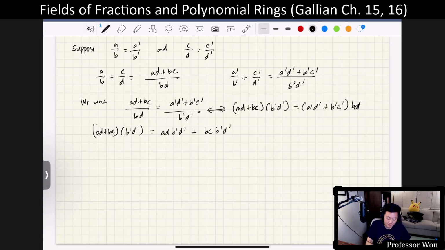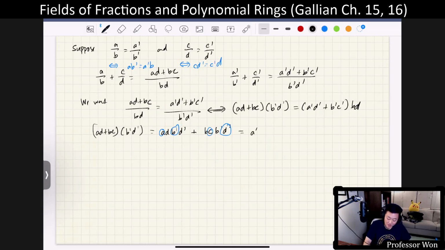Now let me use the fact that A over B equals A prime over B prime. This is the same thing as saying that AB prime equals A prime B. So if I see an AB prime, I can replace that with an A prime B. Similarly, CD prime equals C prime D, so if I see a CD prime, I can replace that with a C prime D.